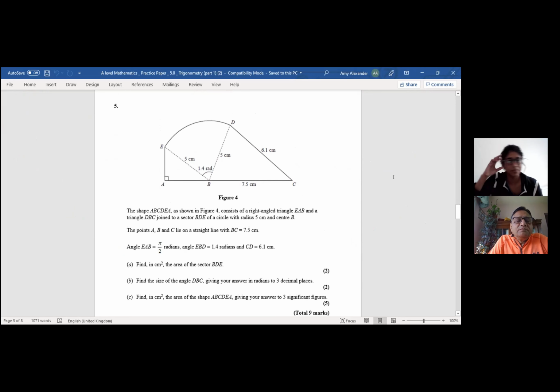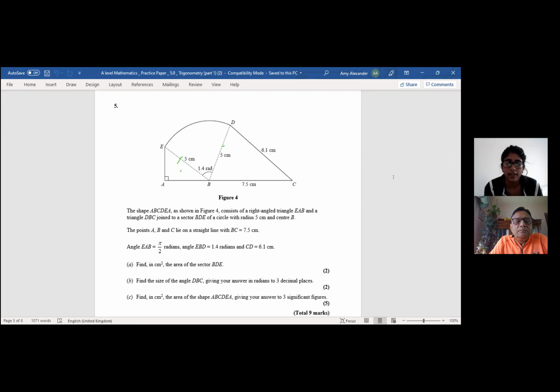The shape ABCDEA, as shown in figure 4, consists of a right angle triangle EAB and a triangle DBC joined to a sector BDE of a circle with radius 5 centimeters and center B. The points A, B, and C lie on a straight line with BC equaling 7.5 centimeters.